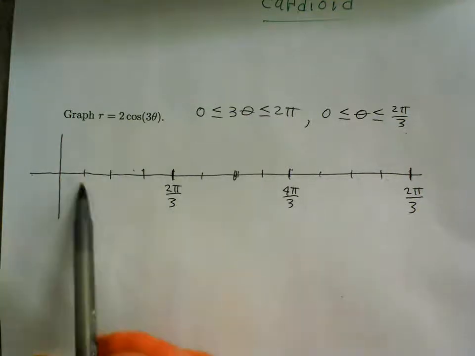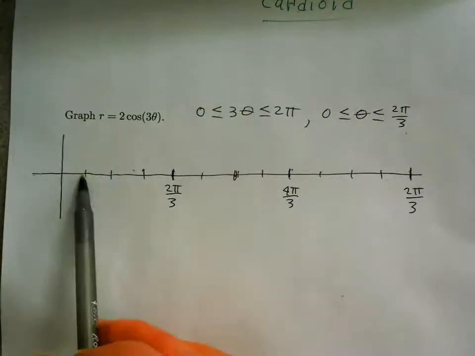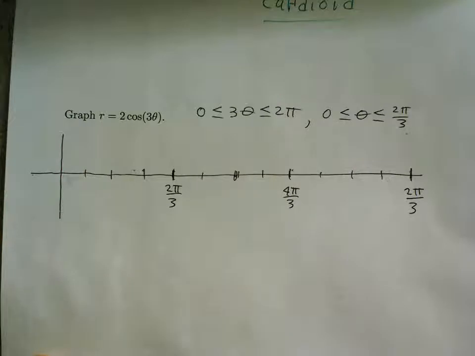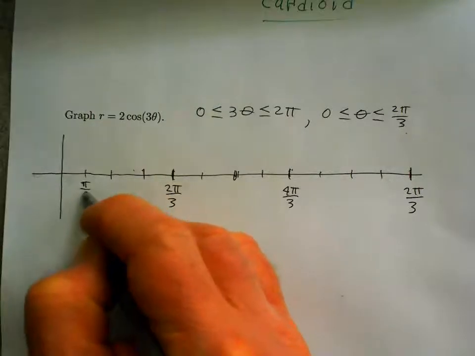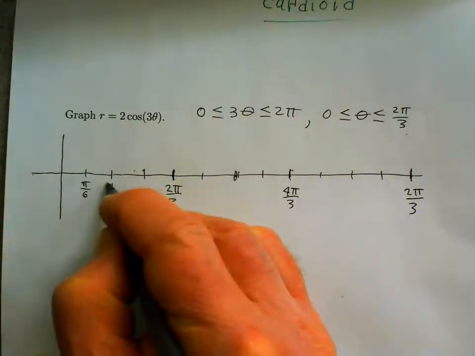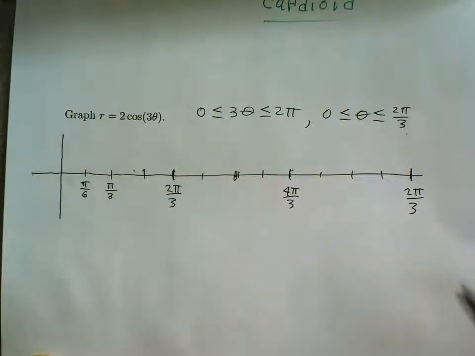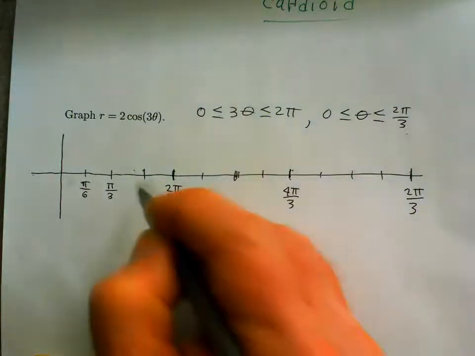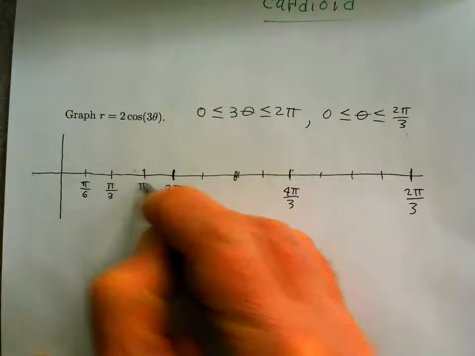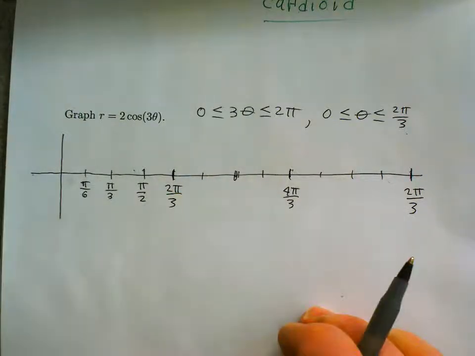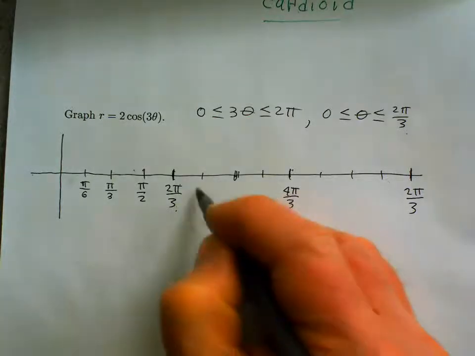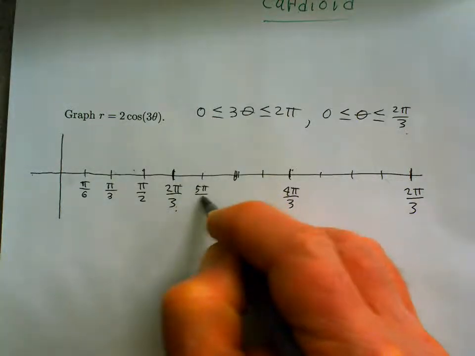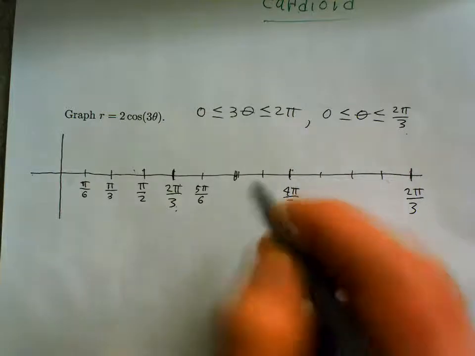Okay, well, it turns out that each of the smaller subintervals is of length pi over 6, or 30 degrees. So we can label those. This is pi over 6. Then 2 pi over 6 is pi over 3. 3 pi over 6 is pi over 2. 4 pi over 6 is 2 pi over 3. 5 pi over 6. 6 pi over 6 is just pi.